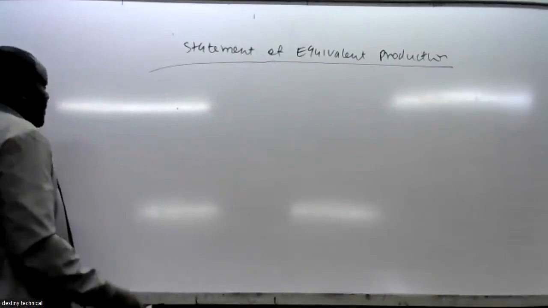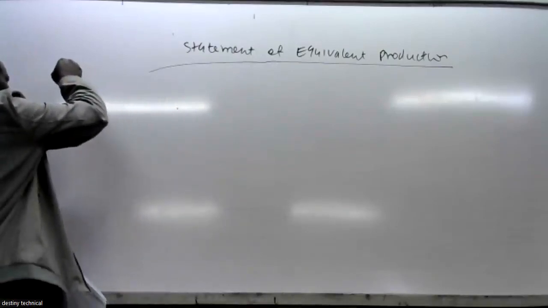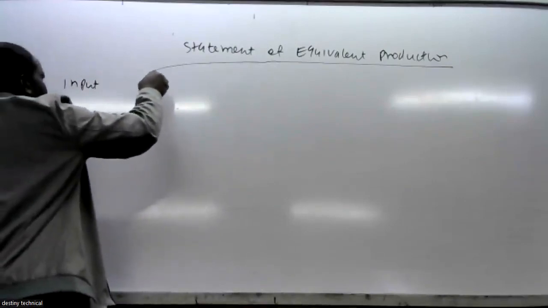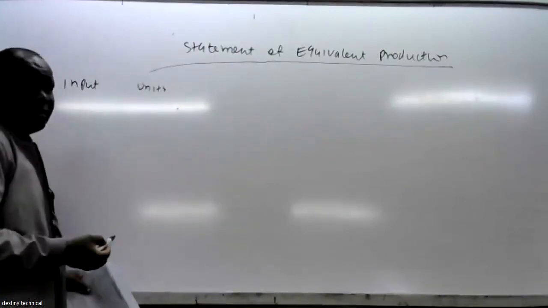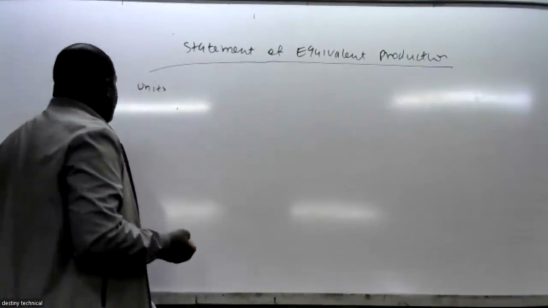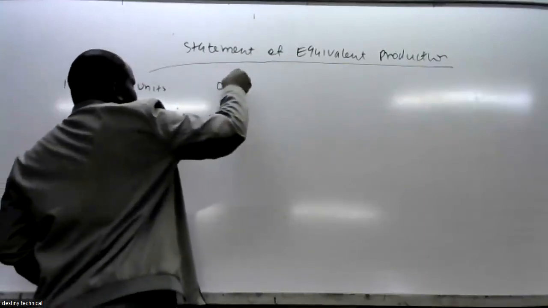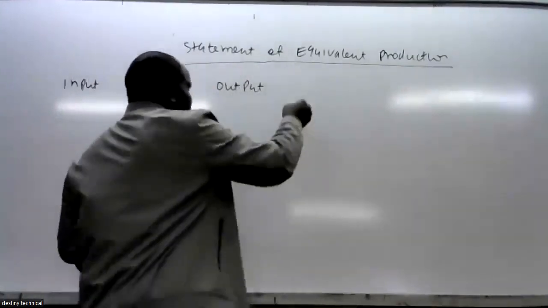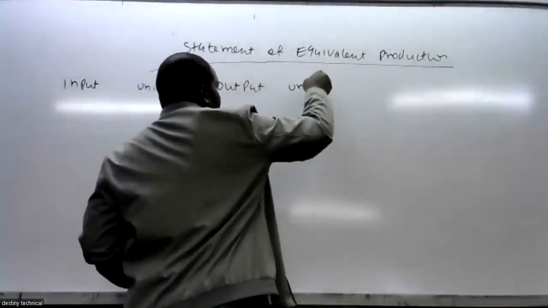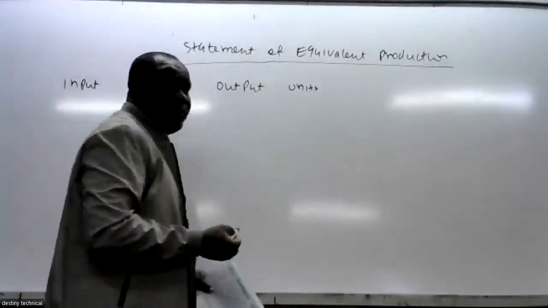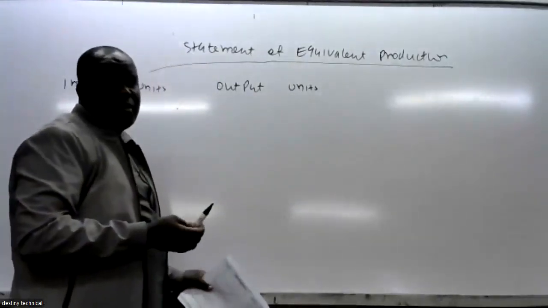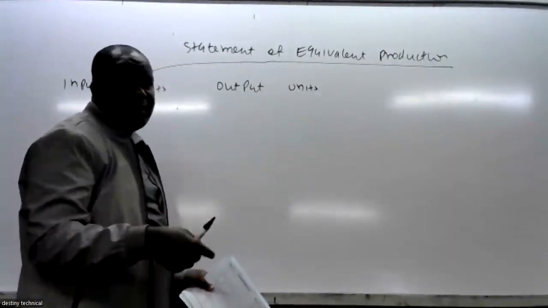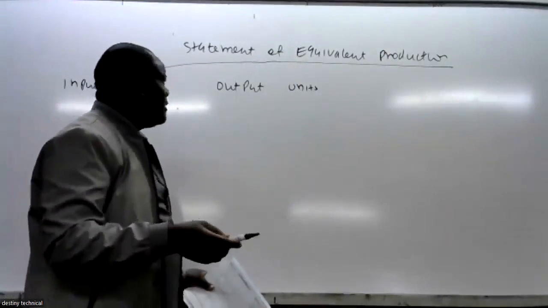So we normally have the input, then the units. And also we shall be having the output, also the units. So this question had two types of materials: the ones that were transferred in and the ones that were incurred.